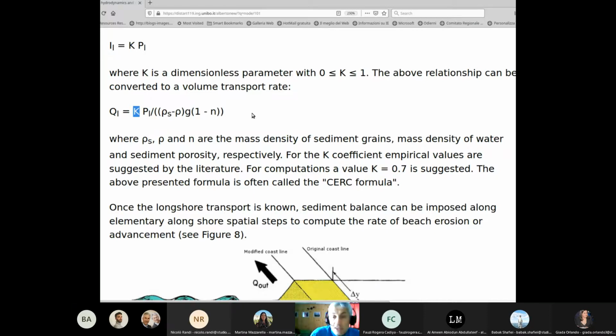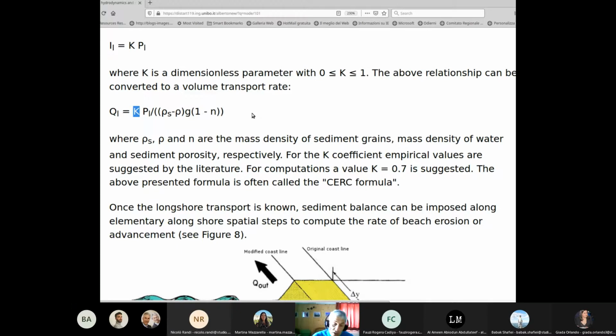The literature gives this value of 0.7. Of course, it is to be interpreted as a very rough, very coarse indication, because it is computed by looking at what happens on several beaches, and then you get an average value. But of course, local conditions have an influence on the K value.